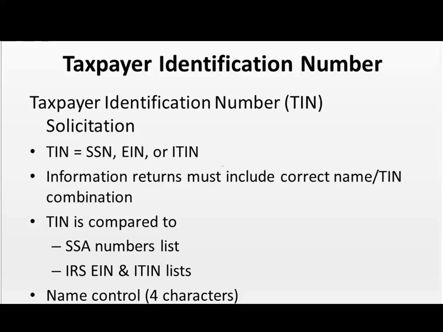So you don't want to be using these systems for different purposes than what they're intended for. Also, it's illegal to do that. So the IRS EIN and ITIN list, or the TIN verification service at the IRS, is for verifying names and numbers where backup withholding might be involved.